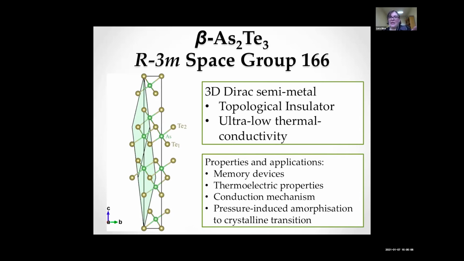In this case, what I'm going to show is that by inducing pressure in the system, you can induce a quantum topological phase transition, inducing a Dirac semi-metal. Another interest in these systems is that they show two amazing properties: they are topological insulators, and they are also potential candidates for thermoelectrics.